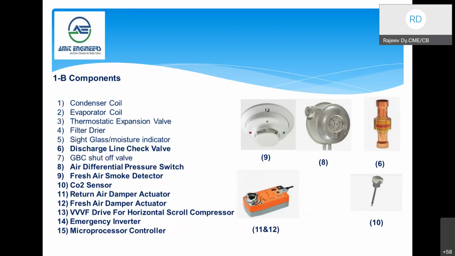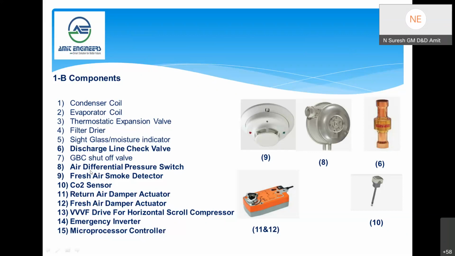Here, actually, there are new features or new components, advanced technology components, that have been added for the performance of the system as well as the safety aspect of the system. So here I have shown the pictures where the new components are added in the HVAC system. The discharge line check valve is provided particularly for the horizontal compressor to prevent any liquid flowing back to the discharge head.